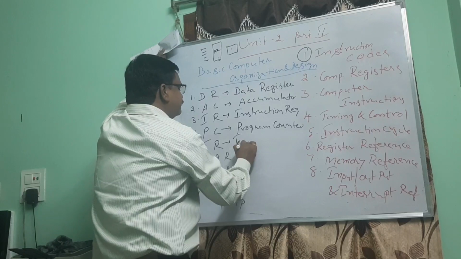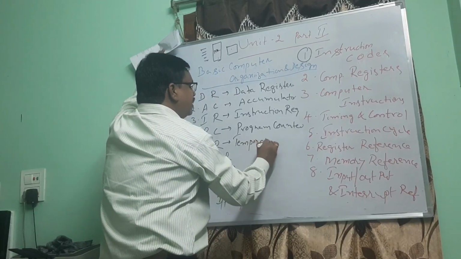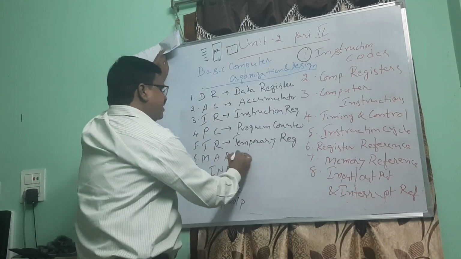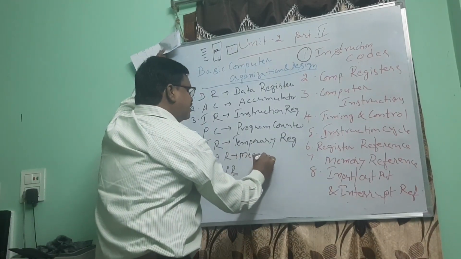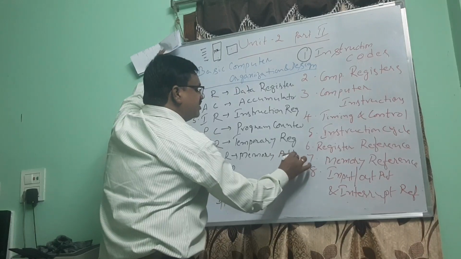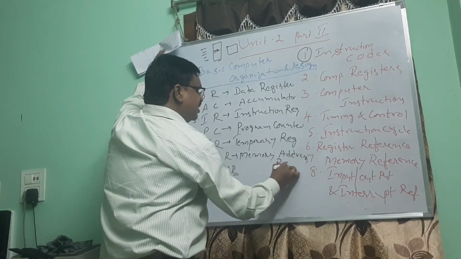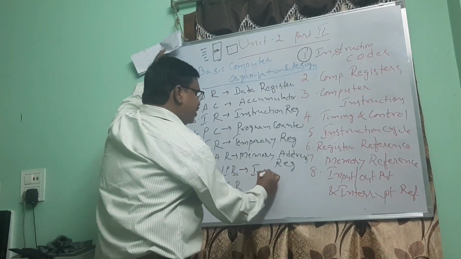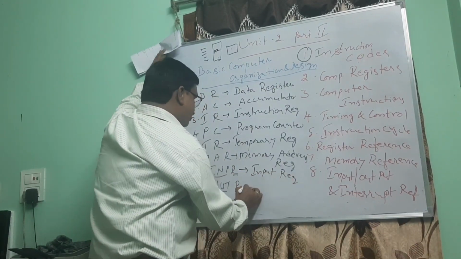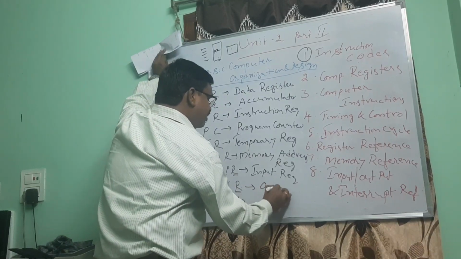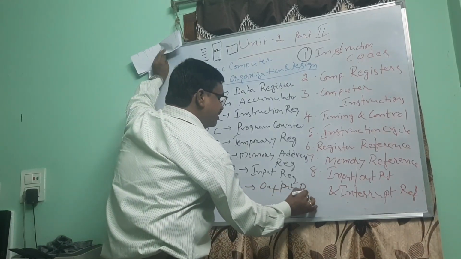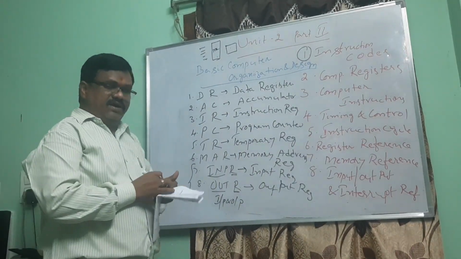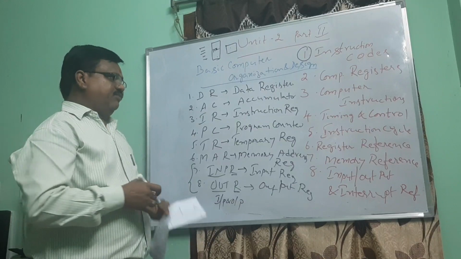TR stands for temporary register. MAR stands for memory address register. INPR stands for input register and OUTR stands for output register. These are the 8 types of registers used by a basic computer.